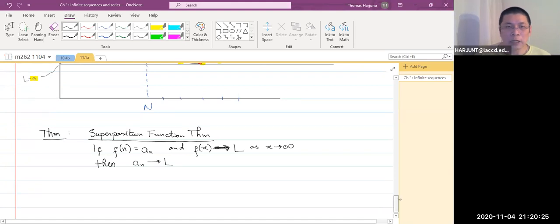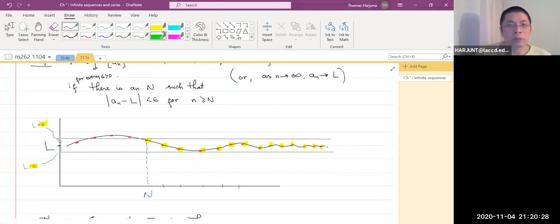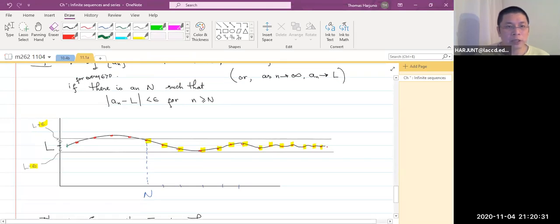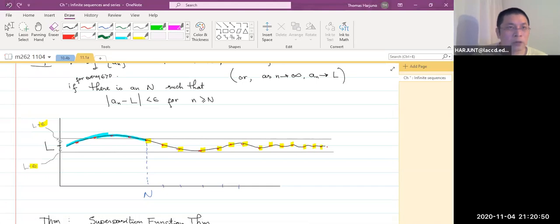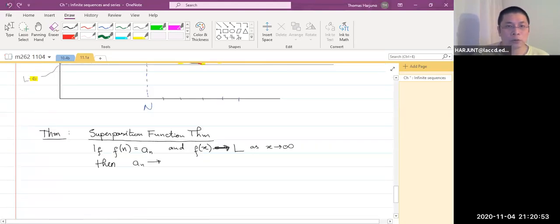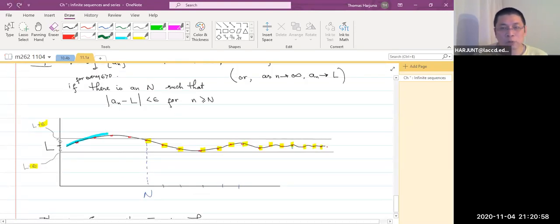Now the graph that I need is basically the one up here. Notice that the bigger function has horizontal asymptote L. So the points, which are part of that graph, as you go further to the right, must also converge to the same L. Because these points here are actually part of the graph.